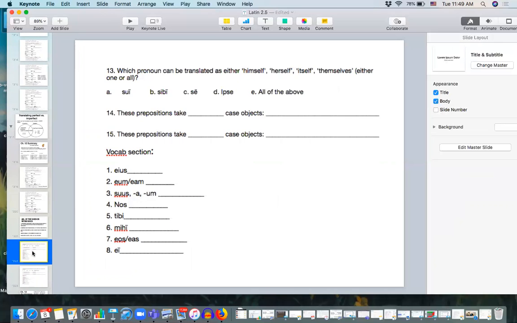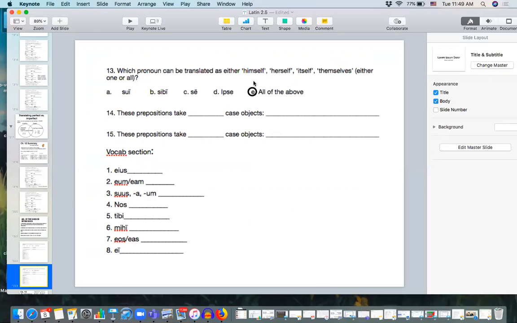Number 13, which pronoun can be translated as either himself, herself, itself, themselves, either one or all? This is kind of a confusing question. I'm trying to make a point. All of these could end up as one or more of these reflexive pronouns, because ipse is an intensive pronoun. Sometimes it's by itself, like ipse, he himself. But usually it shows up with a buddy, like Cicero ipse, Cicero himself.